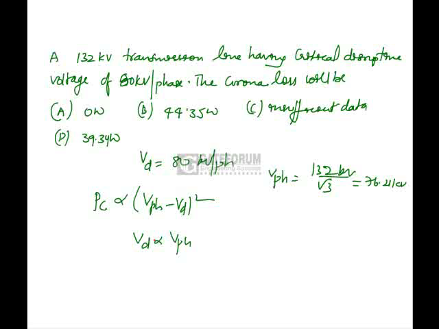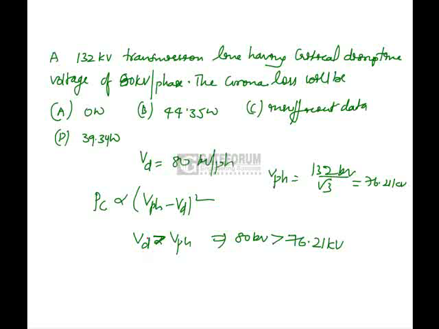Okay, if you see here the relation between VD and V phase, critical disruptive voltage VD is 80 kilovolts, which is greater than that of phase voltage of 76.21 kilovolts. Okay, what does it mean? That phase voltage is far less than that of critical disruptive voltage.